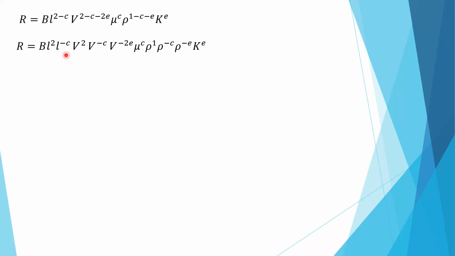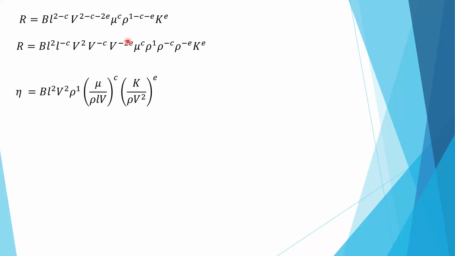Now we'll write down the powers L square, V square, and rho power 1 one side. Then L power minus C, V power minus C, mu power C, rho power minus C terms one side. Then the V power minus 2E, rho power minus E, and K power E terms one side.